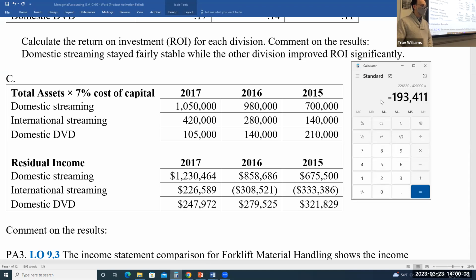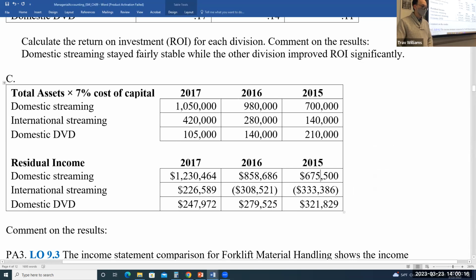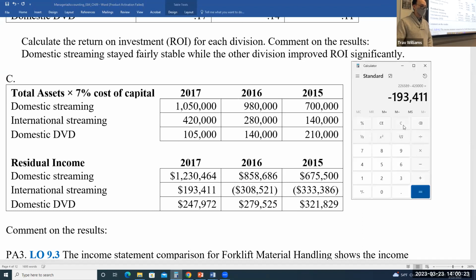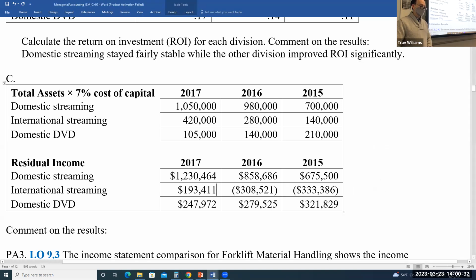And now this is interesting. So international streaming had a negative residual income, or had a residual loss in 2017. I guess I ought to be consistent here with the negative numbers.